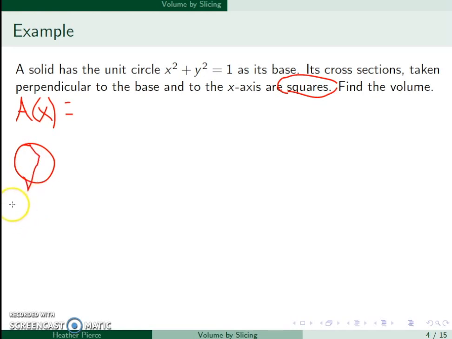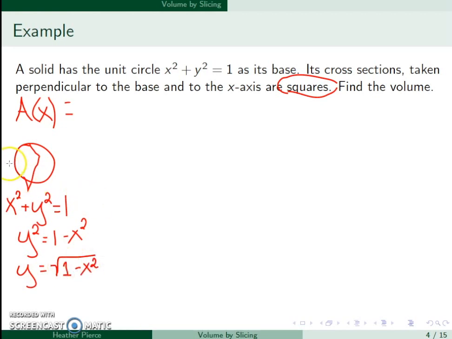So I'm going to have to solve this equation for y to determine the length of the base. So I have x squared plus y squared equal to 1. This means y squared is equal to 1 minus x squared. So y will be equal to the square root of 1 minus x squared.